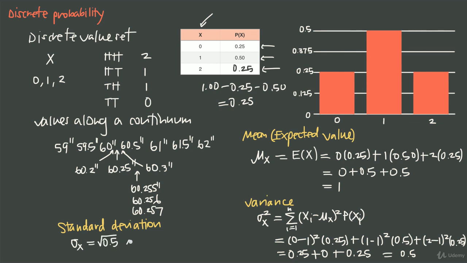And when we calculate that, it is approximately 0.71. So just remember that for a discrete random variable, when we find the mean and the variance, we have to do this weighted method where we multiply the value that the variable can take on by the probability that the variable takes on that value. And then in order to find standard deviation, like always, we just take the square root of the variance.